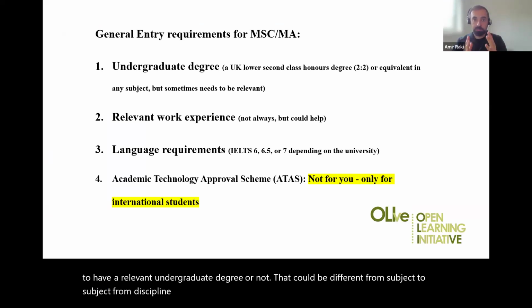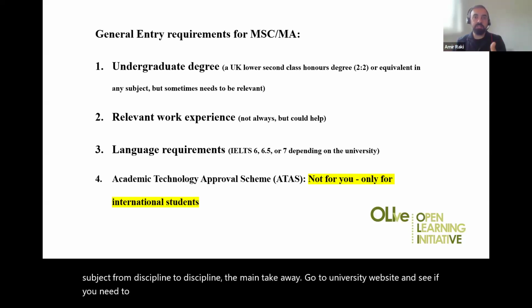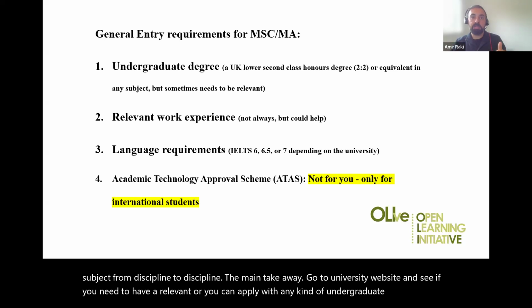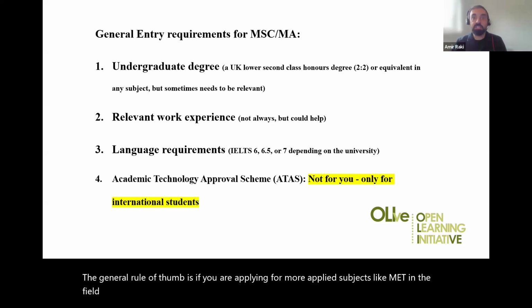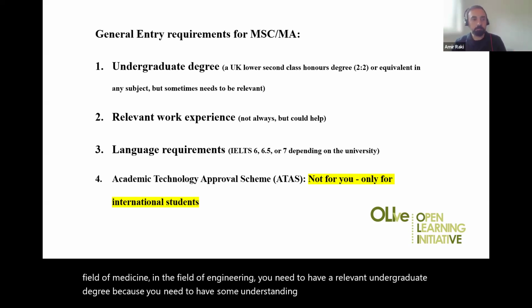The main takeaway: go to the university website and see if you need to have a relevant degree, or you can apply with any kind of undergraduate degree. The general rule of thumb is if you are applying for more applied subjects, like in the field of medicine or engineering, you need a relevant undergraduate degree because you need some understanding of that subject.